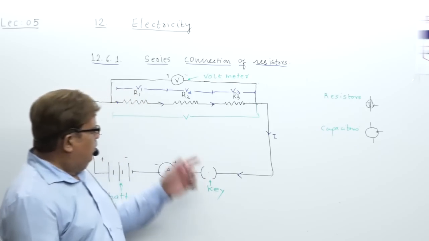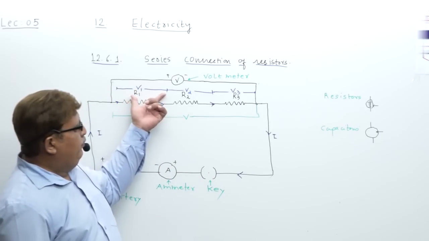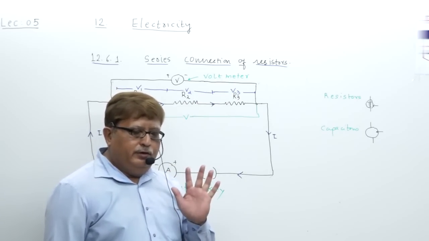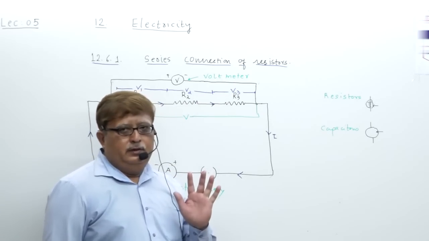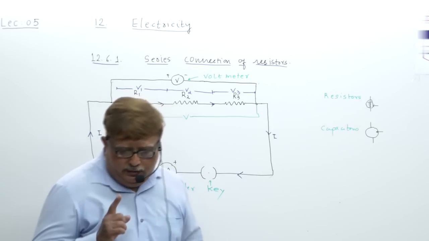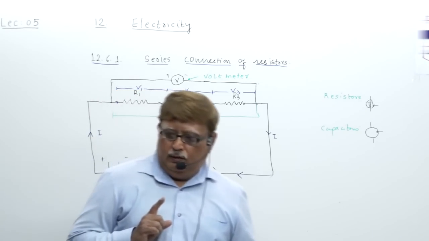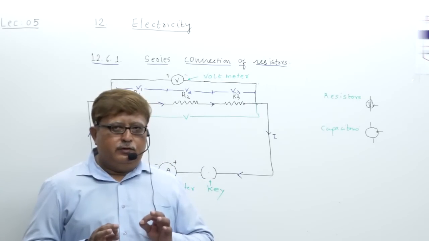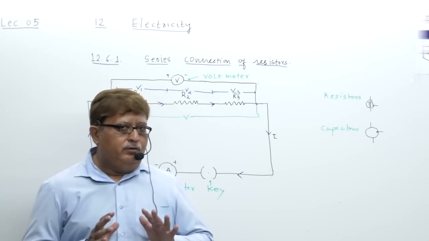But the potential difference across each resistor is different. Then they are said to be connected in series connection. You understood?